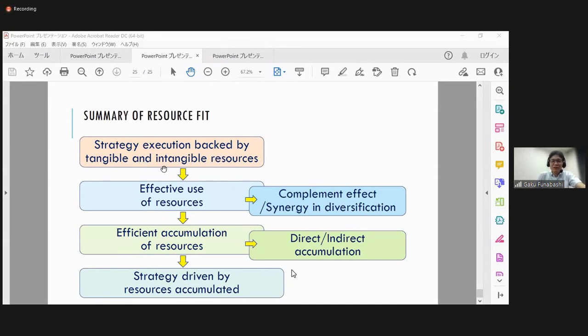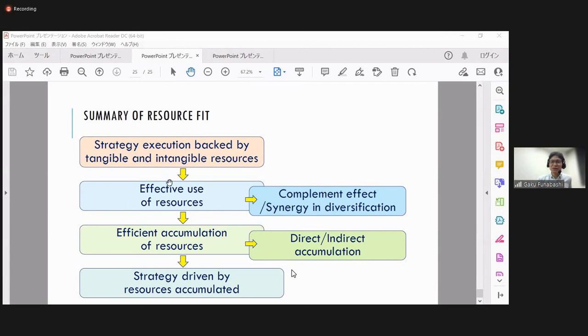And if you recognize tangible and intangible resources of your organization, first, think about how you can effectively use the resources you already have. That is why here I wrote effective use of resources. That is the first thing you consider for the resource fit of the strategy.